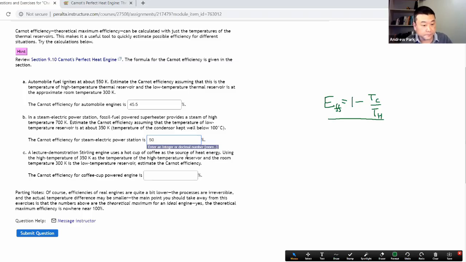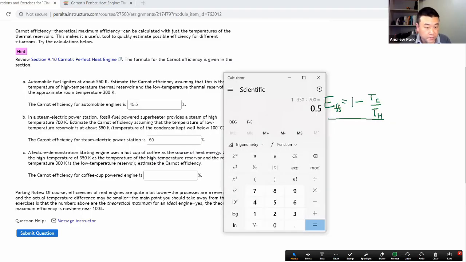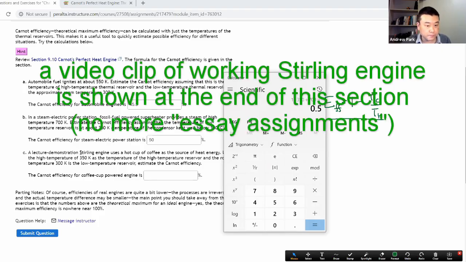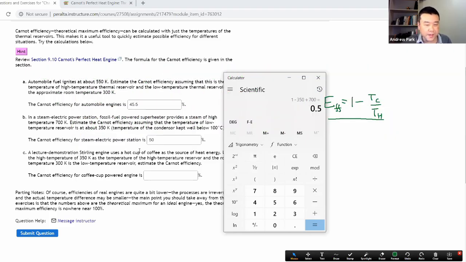All right. And finally, the Stirling engine. Oh, I think I have some video of this. So that's a link from somewhere. Yeah, I think that's a link from one of the essay questions. Take a look at it. It's a fun demo. So the high temperature here is 350 Kelvin, if it's using a hot cup of coffee.